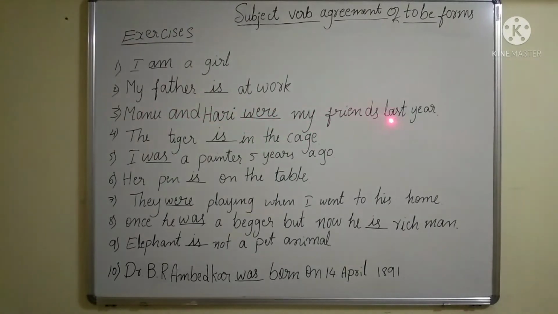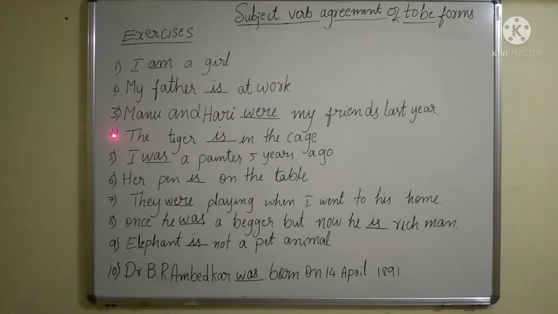Because the sentence is in past tense. See, this is the clue. Last year, which indicates something occurred in the past. So, in this way, we can make out whether the sentence is in present or past. So, this sentence is obviously past tense.